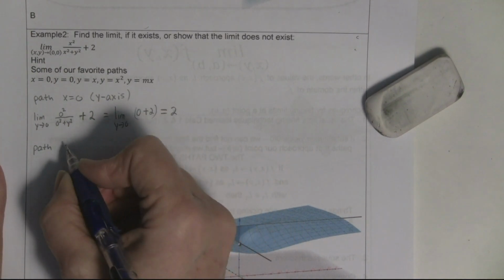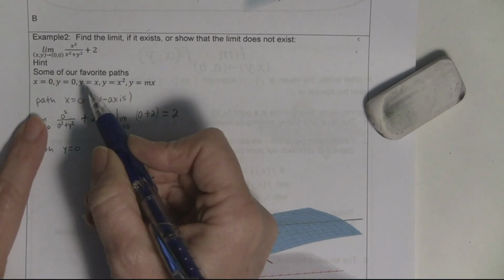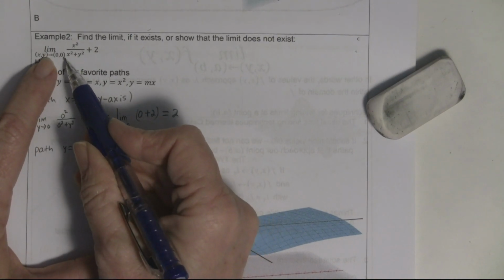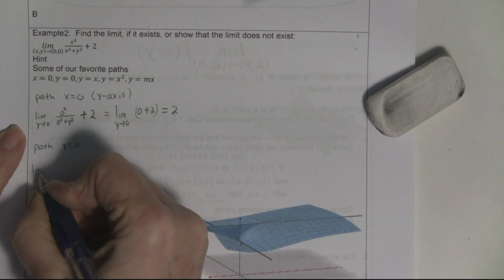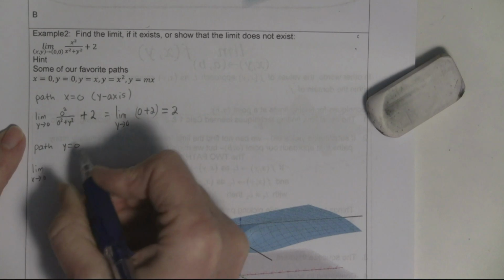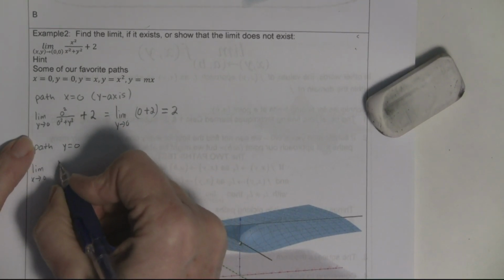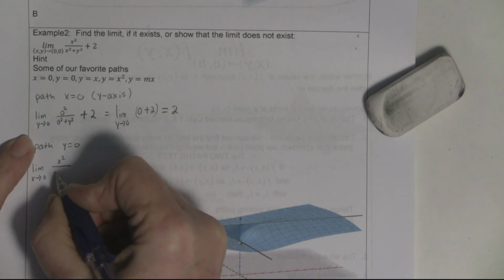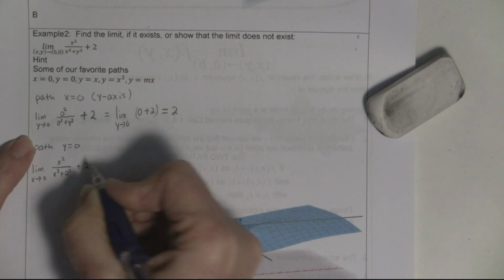That's not a way. So if I say y is 0, that's another favorite path. And notice that as I go along, y is getting closer to 0. So that's good. And so this would be the limit as x goes to 0. And everywhere I see y, I'm going to put in 0. So this can be x squared over x squared plus 0 squared plus 2.